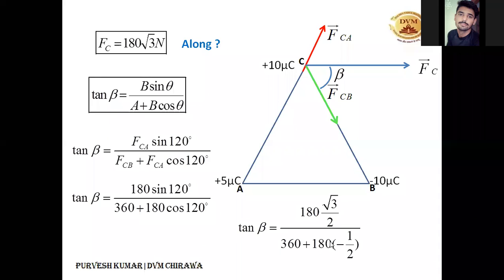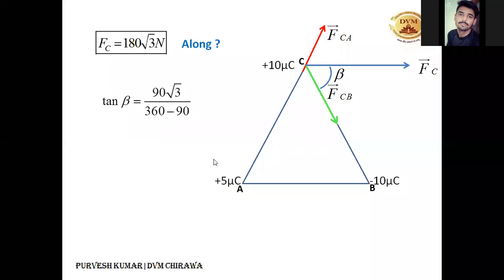This gets cancelled out and the equation becomes 90 root 3 divided by 360 minus 90. Then tan beta comes out to be 90 root 3 divided by 270, since 360 minus 90 is 270.